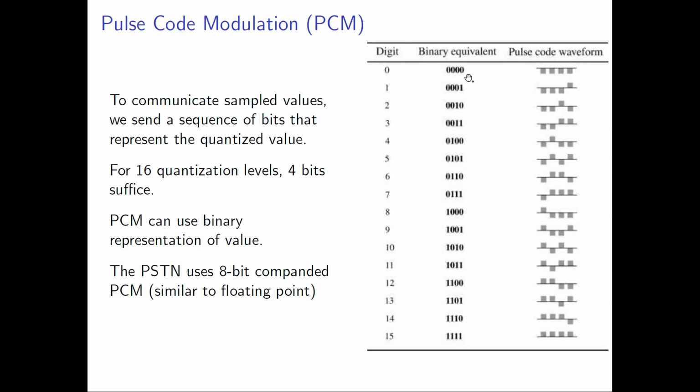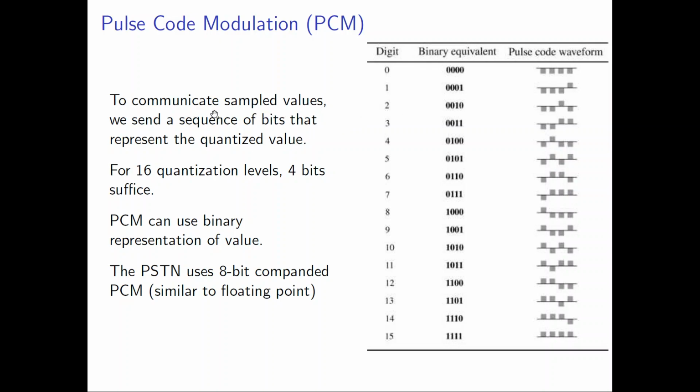So basically use this mapping table, and look here, when 0000, all of them are negative. When 0001, then all of them are negative except the last one is positive. Basically, this is the electrical signal you generate for different binary codes.